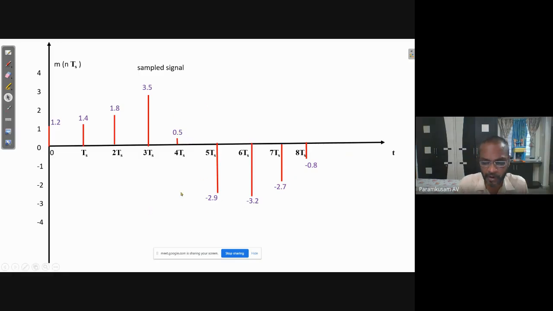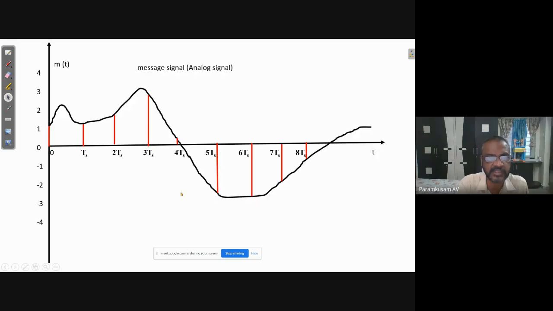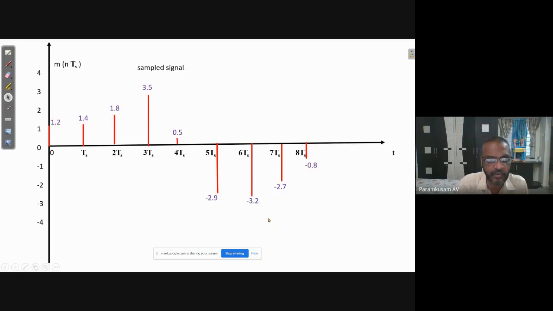So if you want to transmit an analog signal, you have to transmit it continuously. If you want to transmit the sampled signal, you are supposed to transmit 1.2 volts, 1.4 volts, and so on. No amplitude is transmitted between 0 and ts.